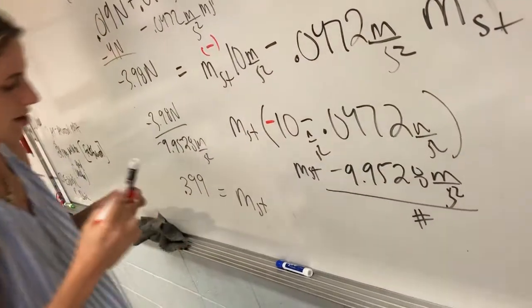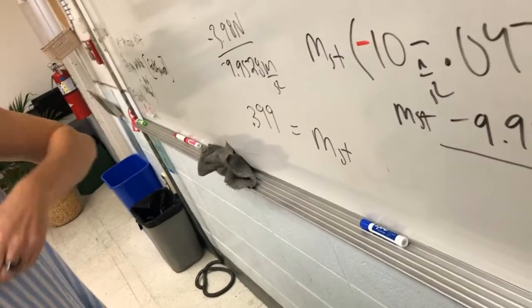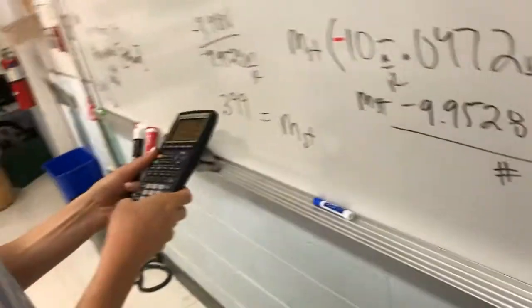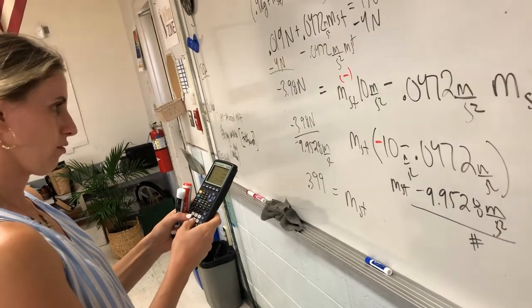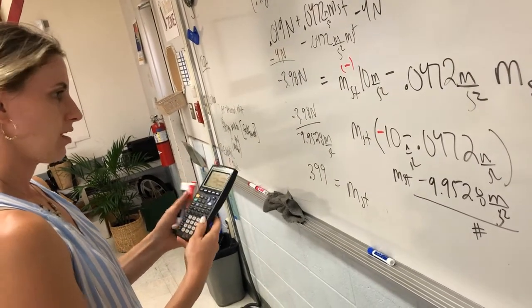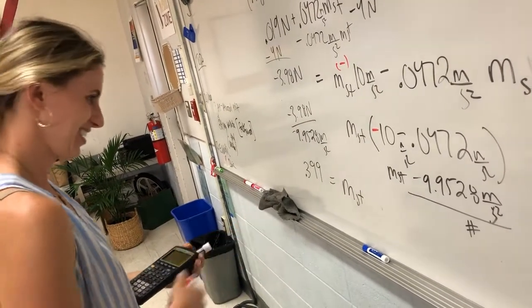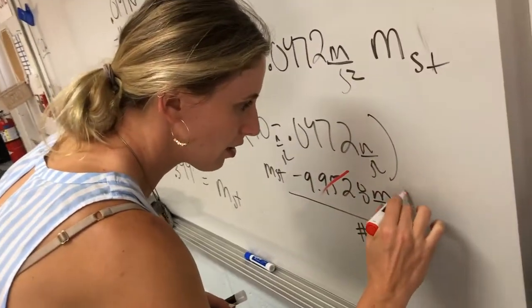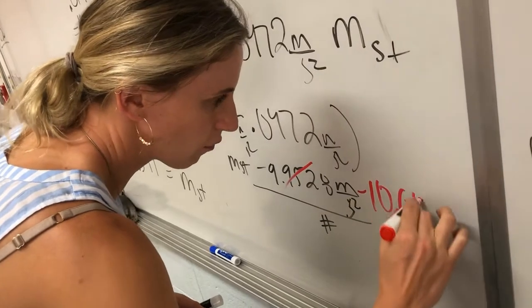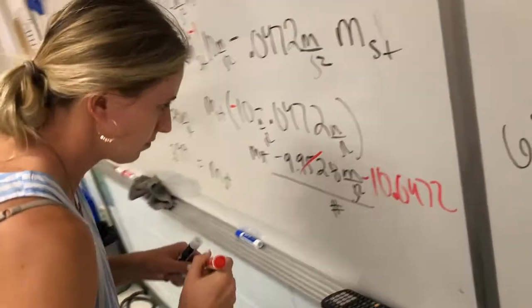Hey, we never make mistakes. So that means that we're going to have a different answer here. You're right. Negative 10 minus 0.0472. Boys and girls, if you've struggled with this, that's because it's hard. There's a bunch of stuff going on here. Negative 10.0472. Okay, now what happens?